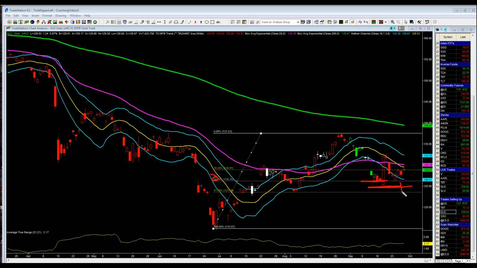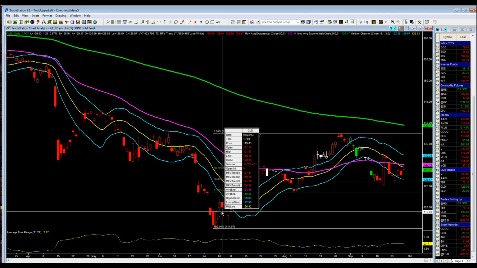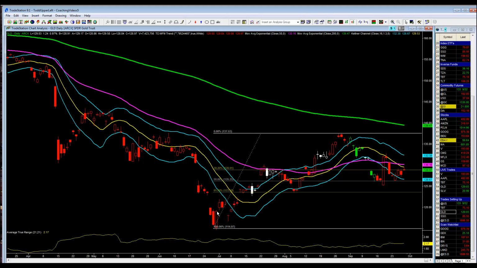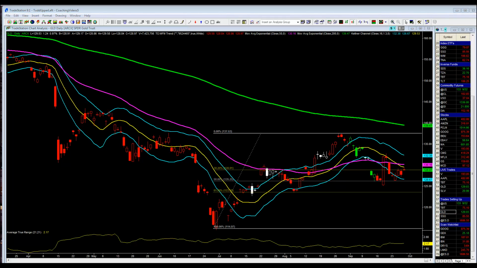If we close below this low, I think there's a chance to retest this low down in here. That's what I'm looking at here. If the market comes down and tests this low, we can't close below this low, and we get some type of price pattern in here, I'd be looking to go long this market again.